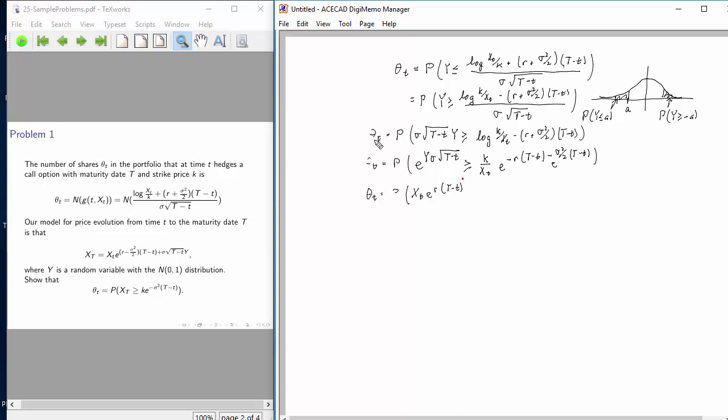And then, because I want a minus sigma squared over 2 in my exponent, I'm going to put in an e to the minus sigma squared over 2 times capital T minus little t. And I've still got my e to the y times sigma times the square root of the time to maturity. And that's greater than or equal to K.